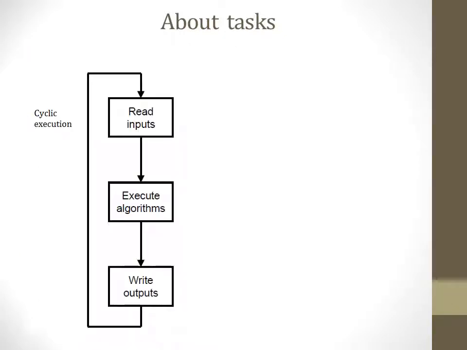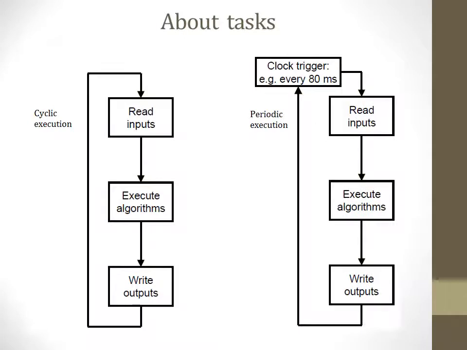So, in this picture, we can see the cyclic execution of PLC program realizations. And in this picture, we can see the periodic execution of the application program on the PLC.